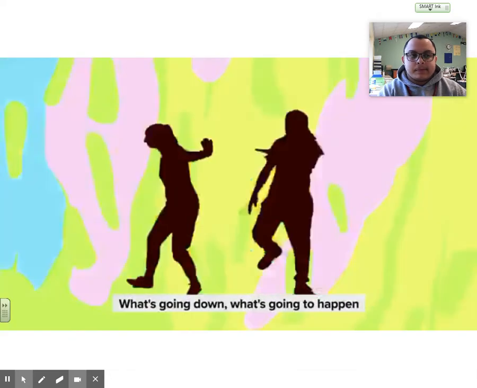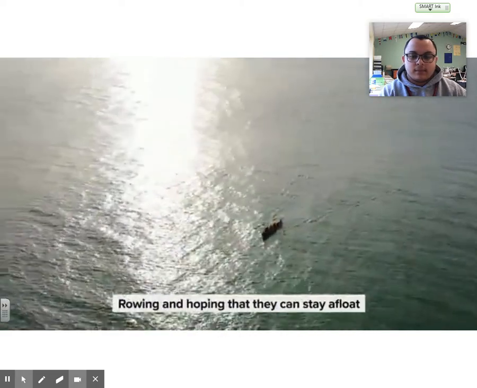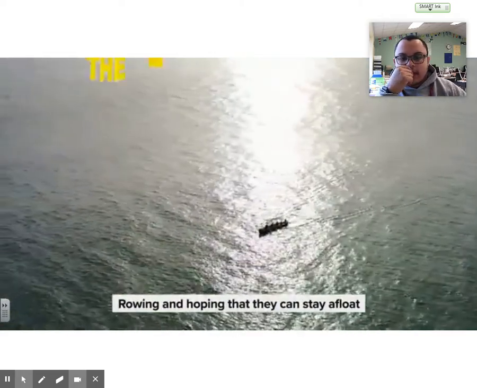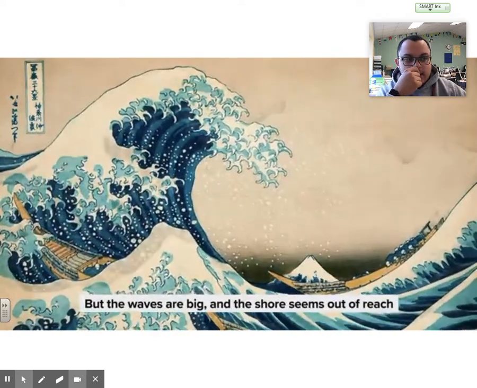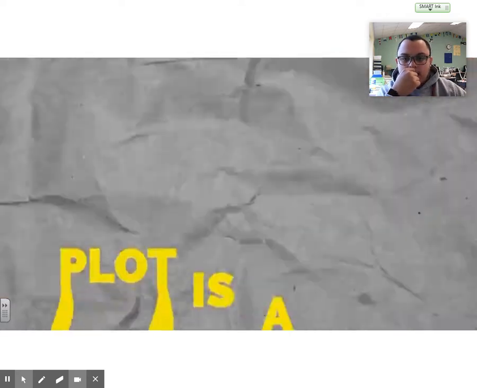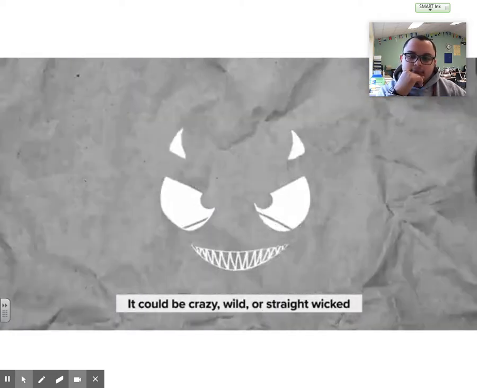The plot is a series of events, like Lemony Snicket. It could be crazy, wild, or straight wicked.